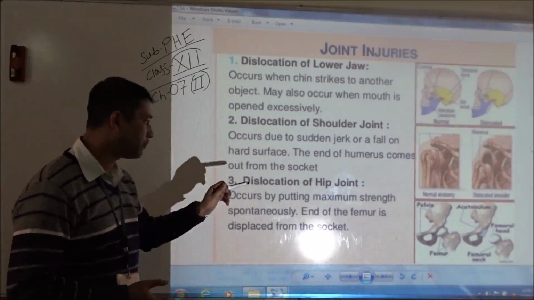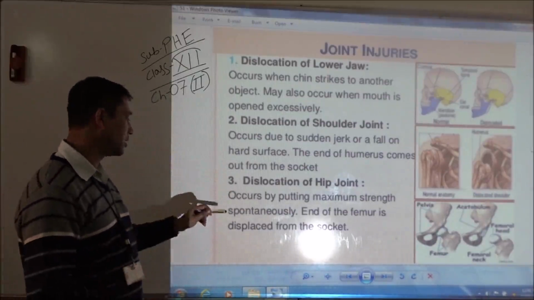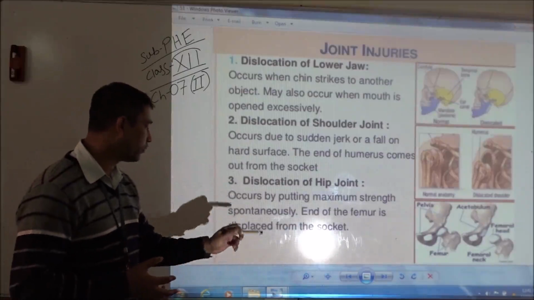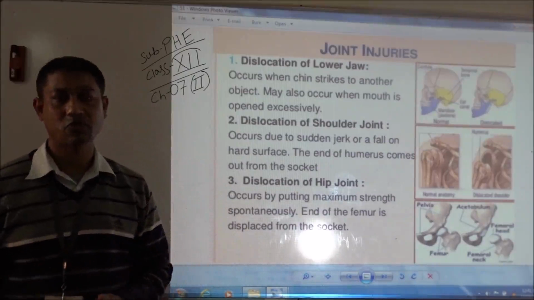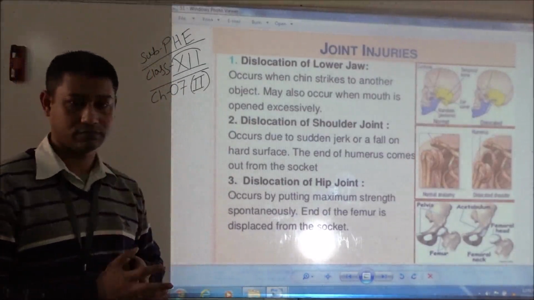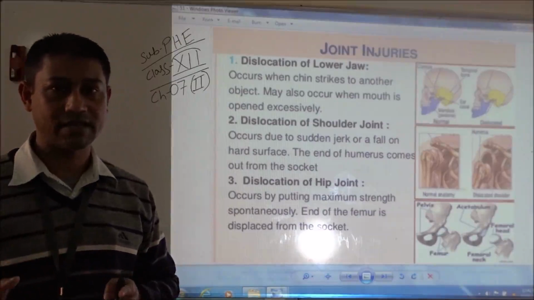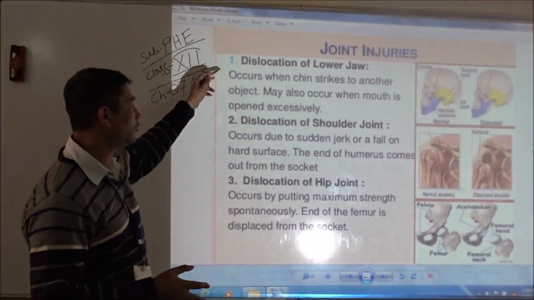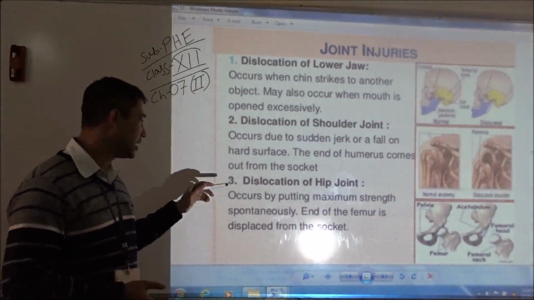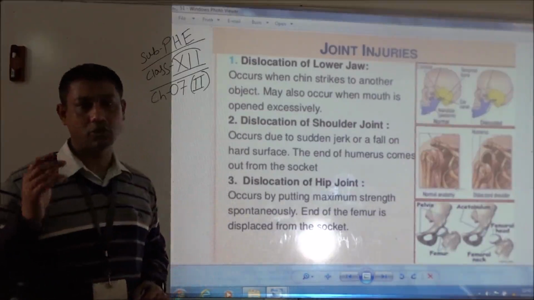It occurs by putting maximum strength spontaneously. The end of the femur is displaced from the socket. So these are the three types of dislocations: dislocation of lower jaw, dislocation of shoulder joint, as well as dislocation of hip joint.